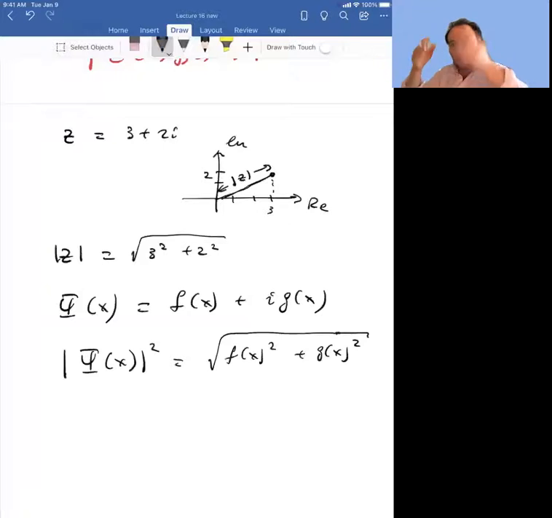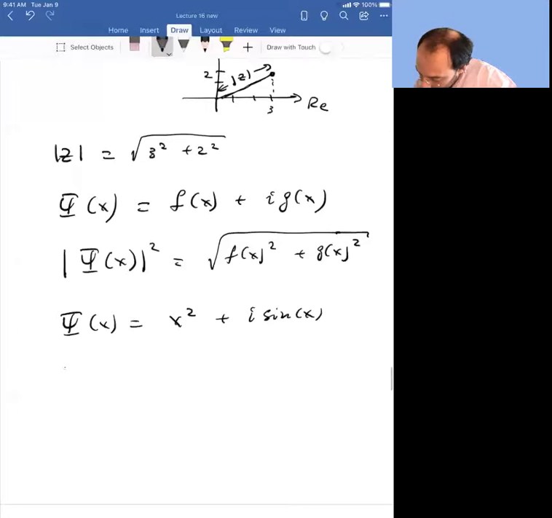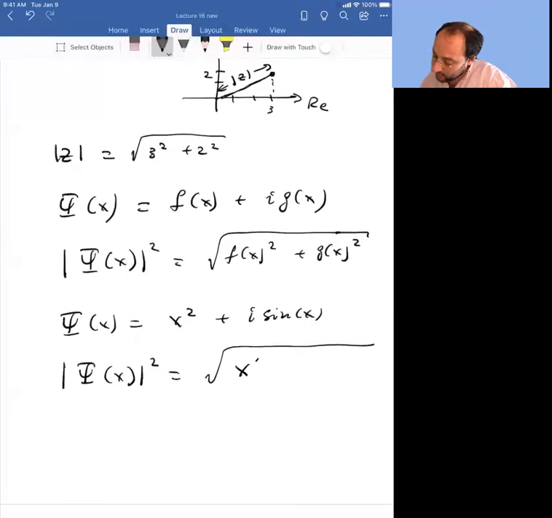I say that so that when I do say certain things in the next section, it will not be super abstract to you. So for example, psi of x equals, say, x squared plus i sine of x. Just a weird function, right? Then the square of the amplitude of this complex function will be given by x to the fourth plus sine of x quantity squared.